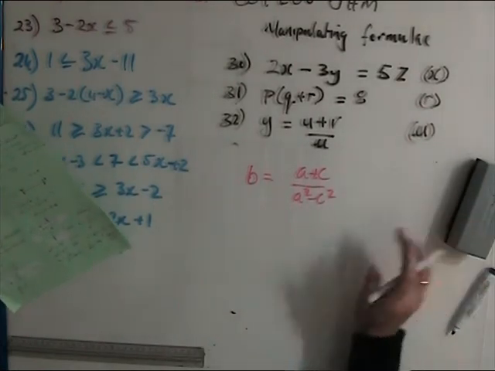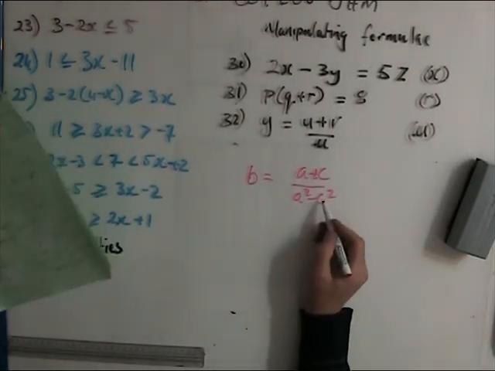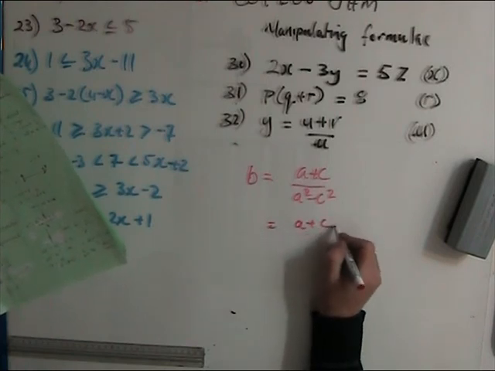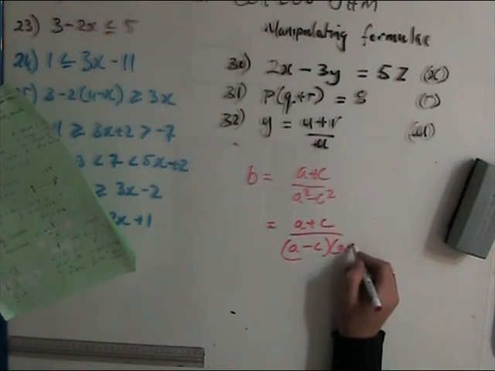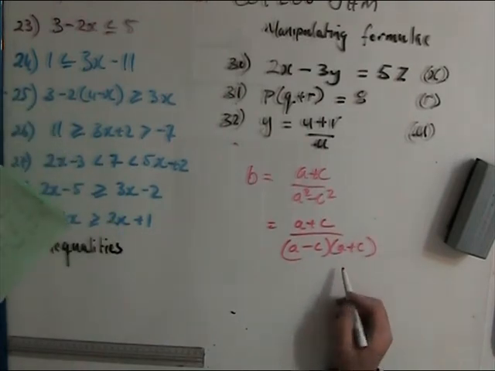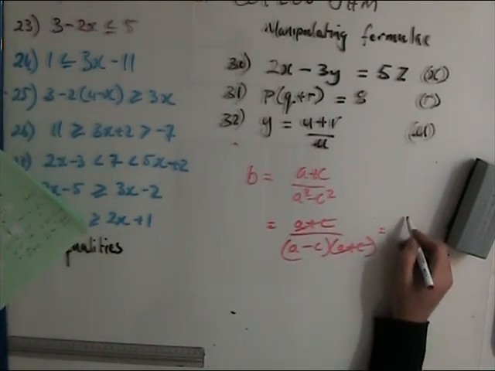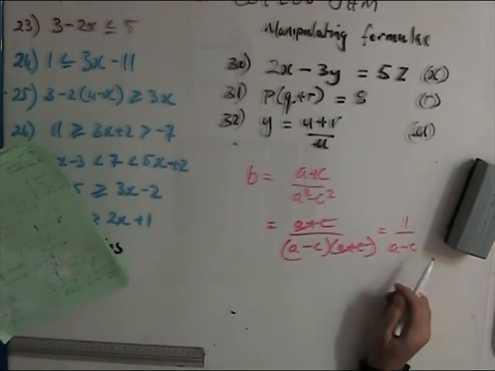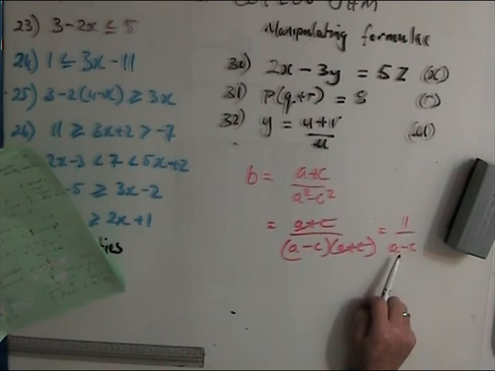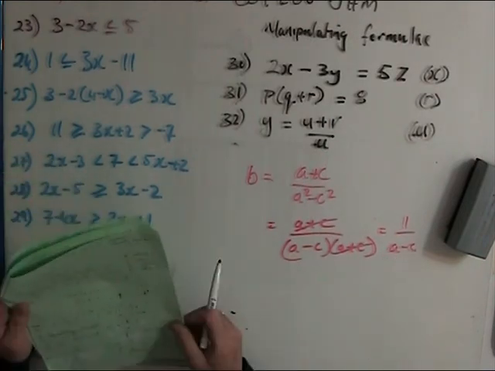Now it's not finished there. I have the difference of two squares, which becomes a plus c over a minus c times a plus c. They can cancel, they go in once, and the answer is 1 over a minus c. So that big formula can be reduced to this little formula.